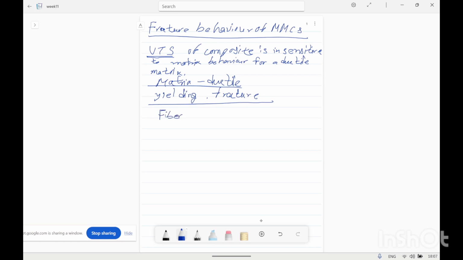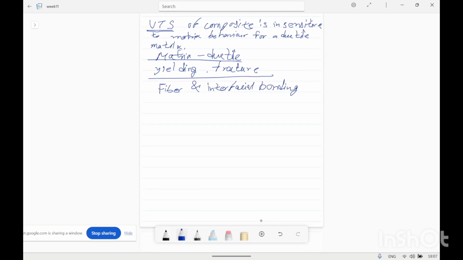Means the interfacial bonding decides the final behavior of the metal matrix composites. Means it will be ductile or brittle. So let's start with the ductile matrix.